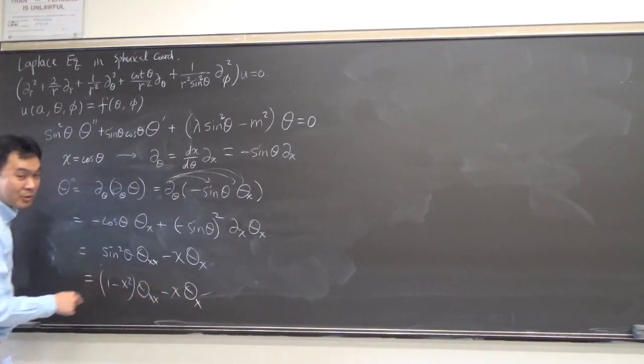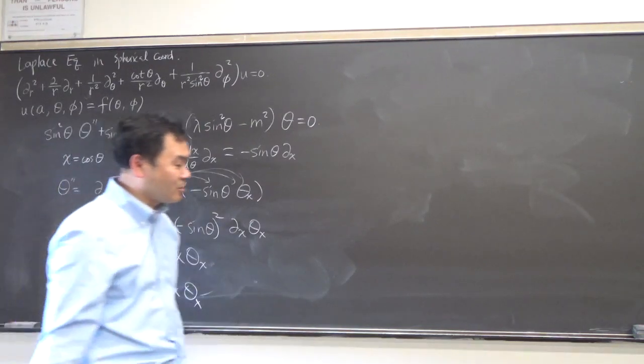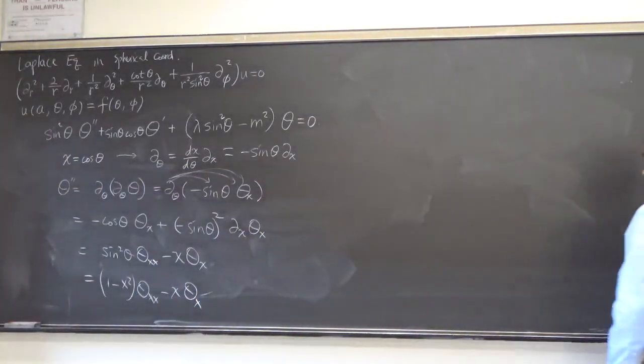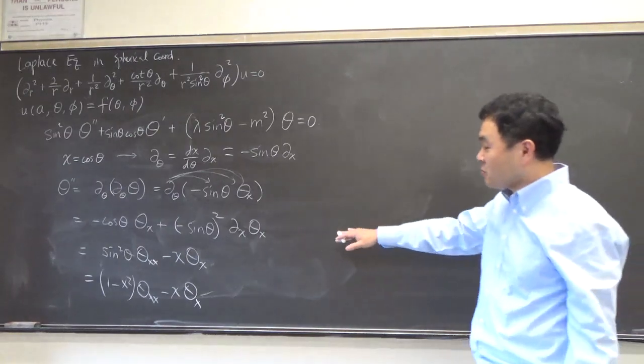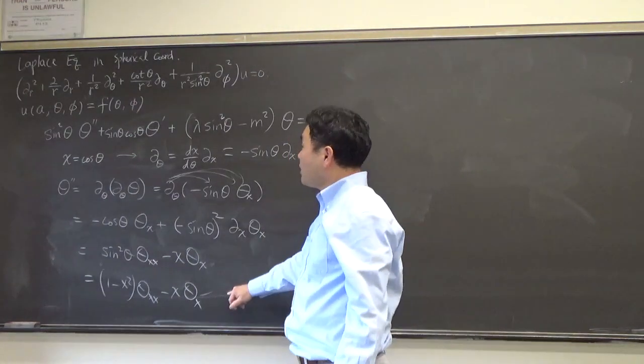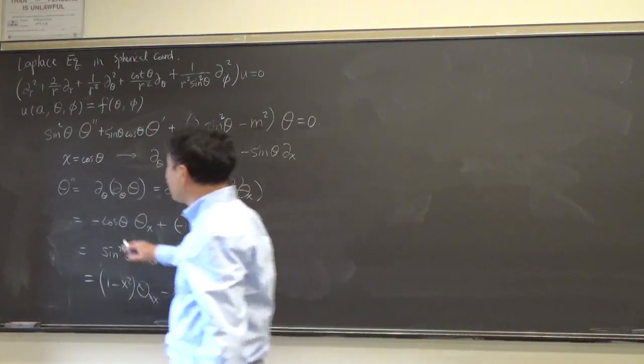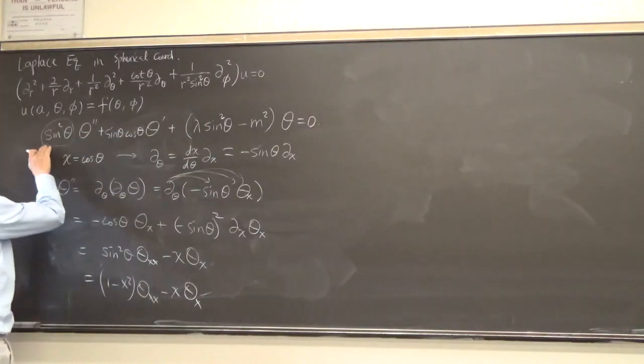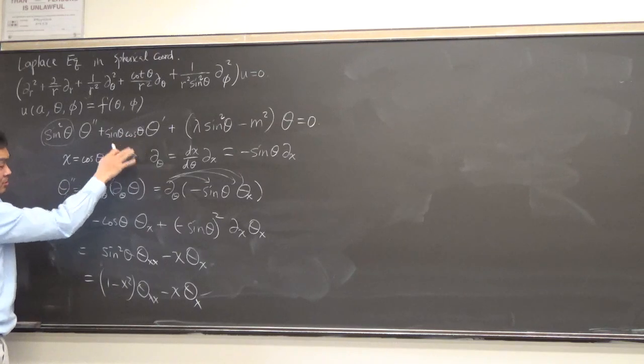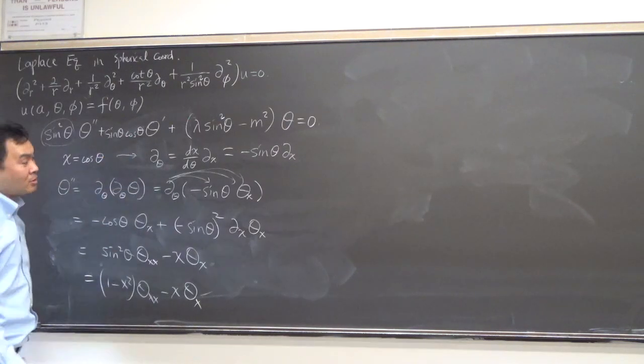I'm showing you this because I did something similar before, but I realized this is faster. It's a slightly faster way of deriving this result. And you still have sine squared, which is 1 minus x squared. You can change these in a similar fashion as well.